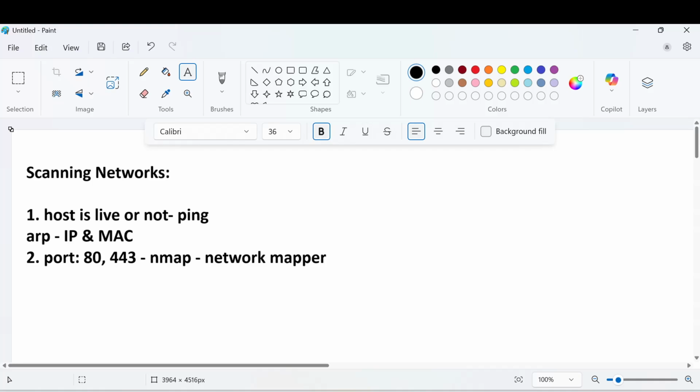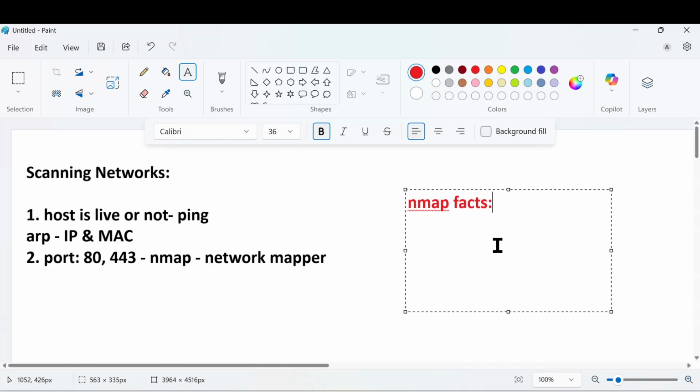So guys, here we have some facts regarding Nmap that we should know. First, by default Nmap only scans the well-known 1000 ports.